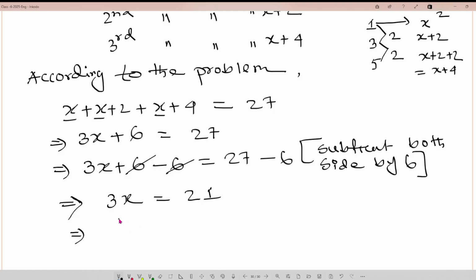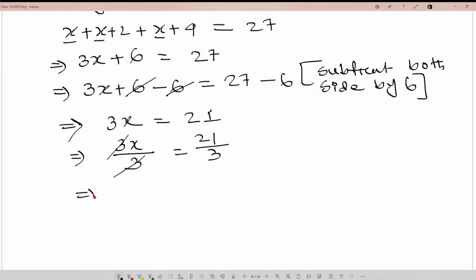So we divide both sides by 3. 21 by 3, the 3s cancel, so x equals 21 by 3, which is 7.